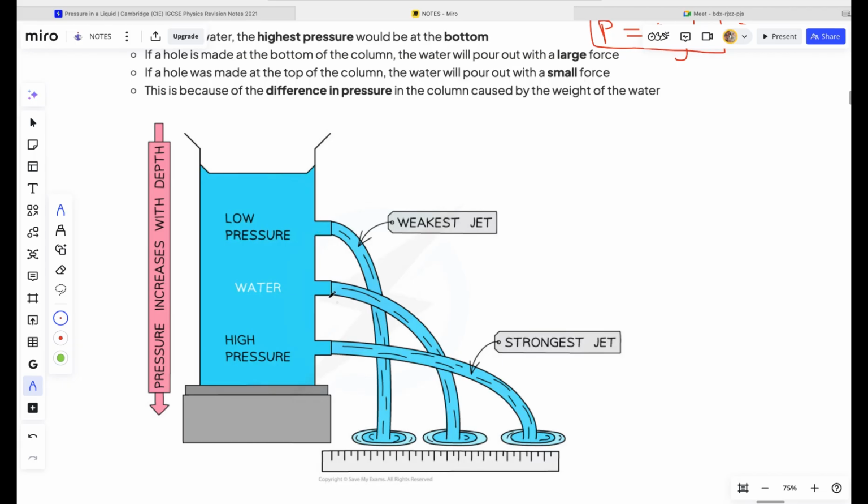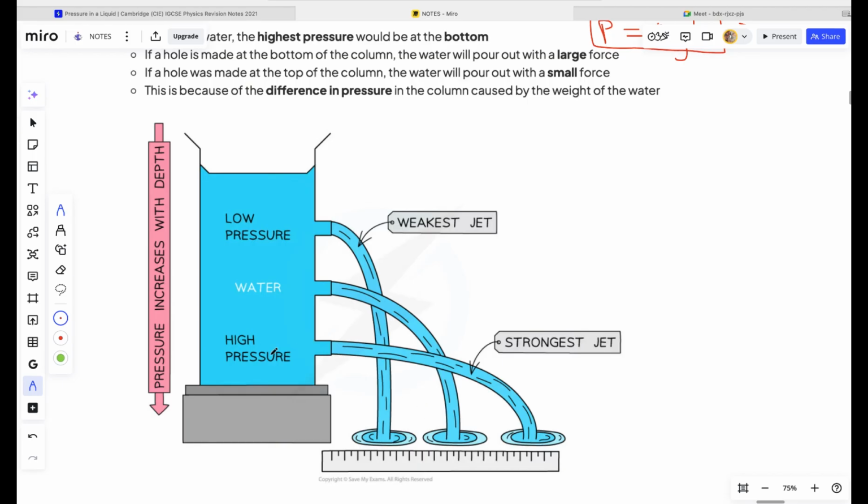This one, the pressure with which the water is coming out, force over area, which is pressure, is relatively at the average. That's why you see it's taken a little bit farther away from the container.